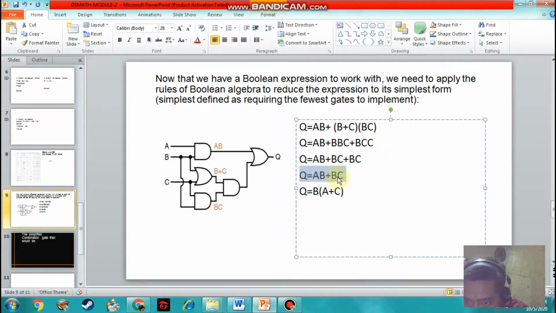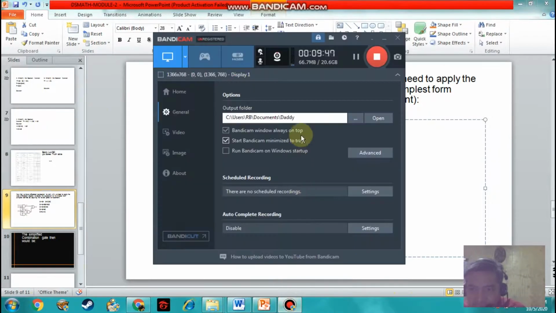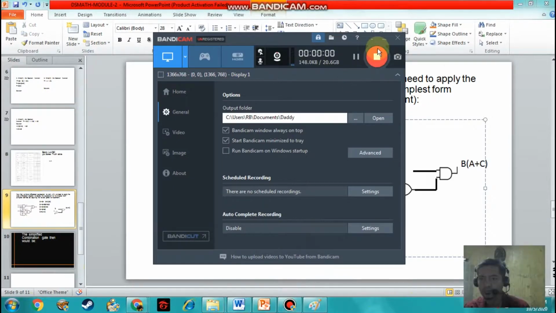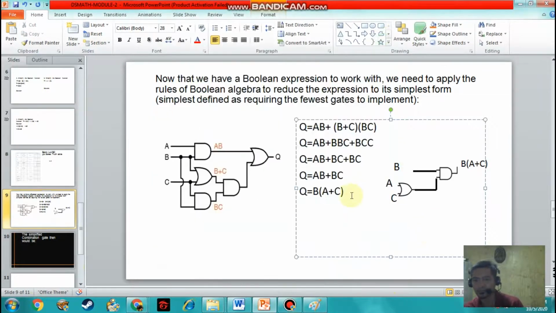Isang AND gate para kay BC, isang AND gate para kay AB, at isang OR gate. O-OR ko sila. Diba? So, ito naman, isang OR gate kay AC, tapos i-AND ko na lang kay B. Diba? So, ayan.